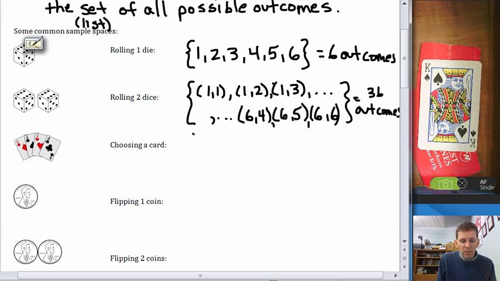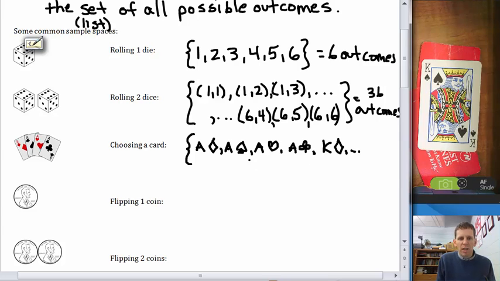Again, I don't find it necessary to list them all, especially if there's a large number of them, but I might do something like Ace of Diamonds, Ace of Spades, Ace of Hearts, Ace of Clubs, and then continue with the King of Diamonds. And I'm just going to do a dot, dot, dot, because you can kind of picture where that's going to go.